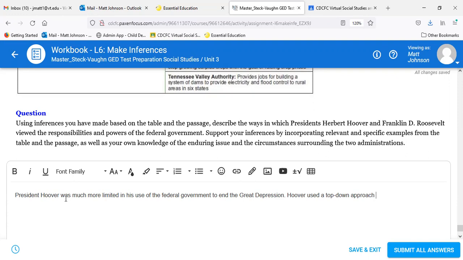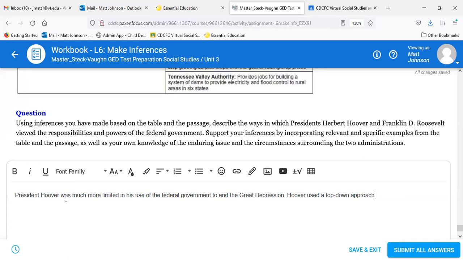So in this case, him going to banks and corporations, it's very top-down. He's not addressing the individual as much as he is the corporations, the organizations, the banks up here. So it's a top-down approach.